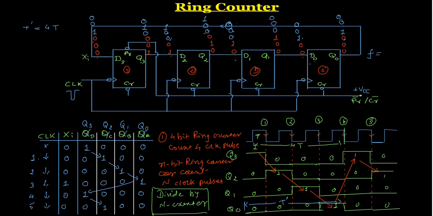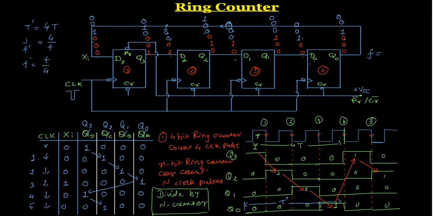So here I can write that T dash is equal to 4T. In terms of frequency, 1 upon f dash is equal to 4 by f, so f dash is equal to f by 4.